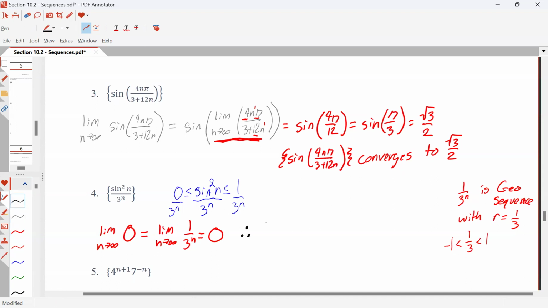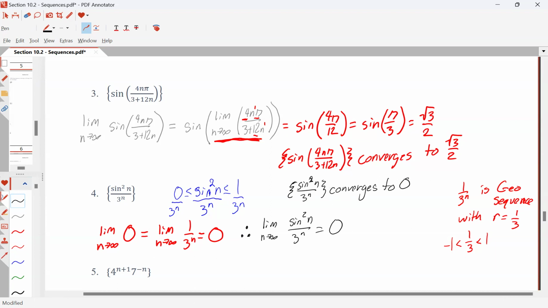Therefore, the limit as n goes to infinity of sine squared n over 3 to the n also has to equal 0. So sine squared n over 3 to the n converges to 0.